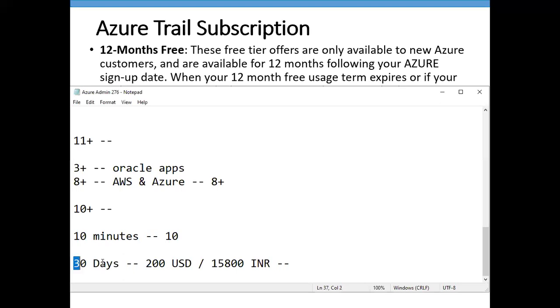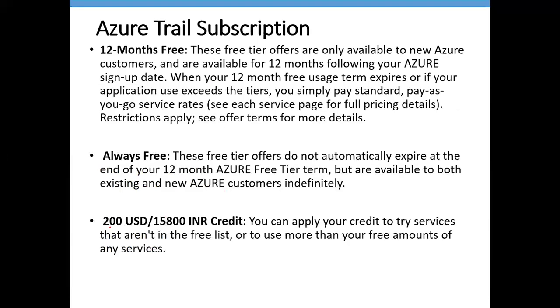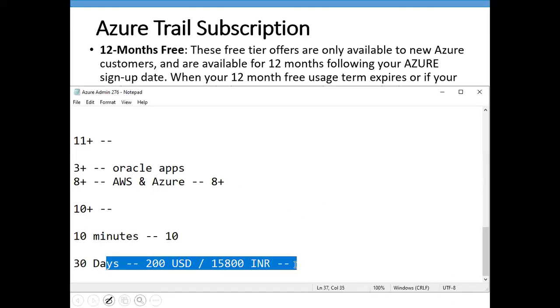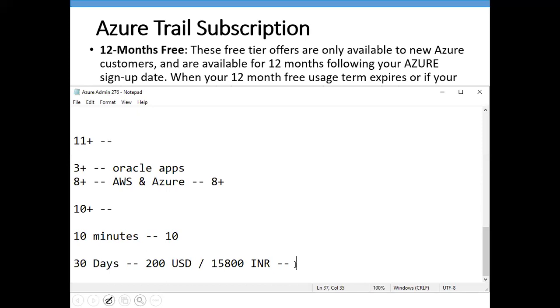For the first 30 days, you can use any Azure service, whether it is free or not free, under this quota.